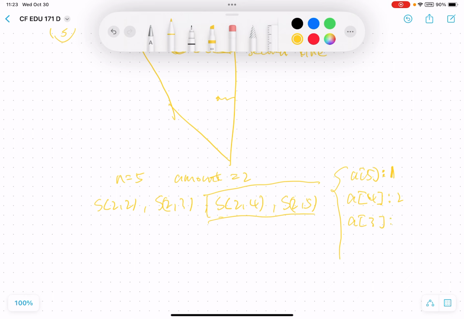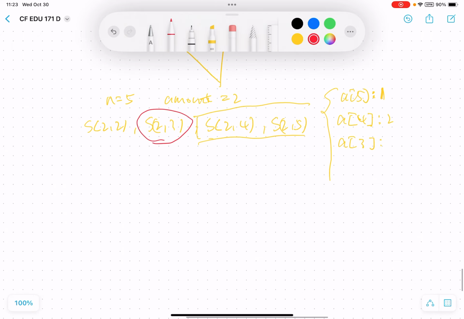But the first element is not in the sum of the amount elements, so we don't need to use that. So for the sum of first elements in this array, it is only used 2 times. For the A2, it is also used 2 times.